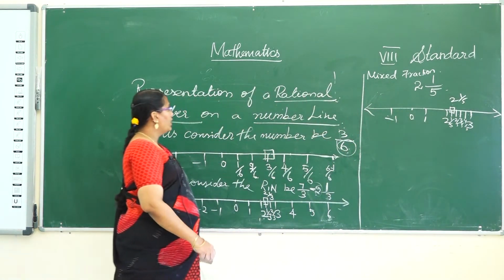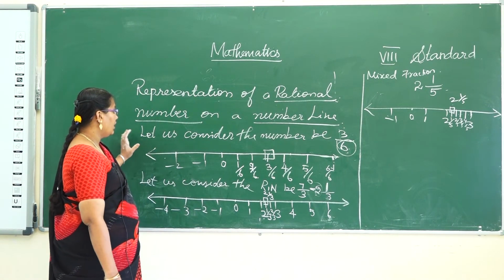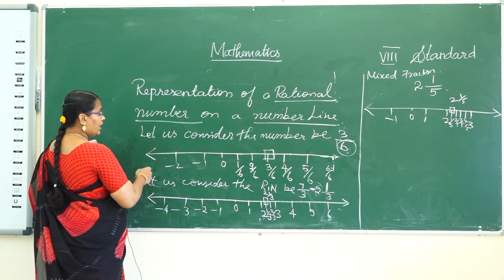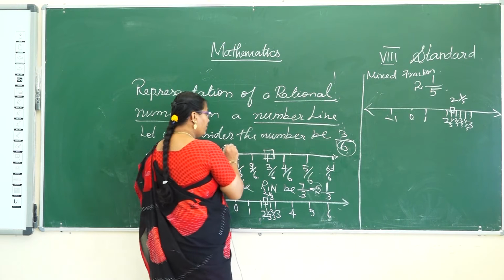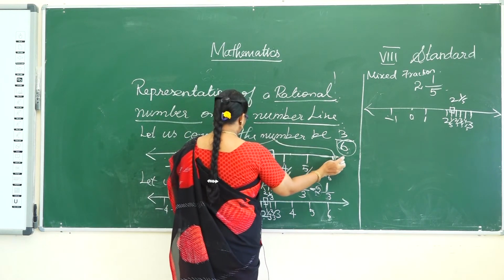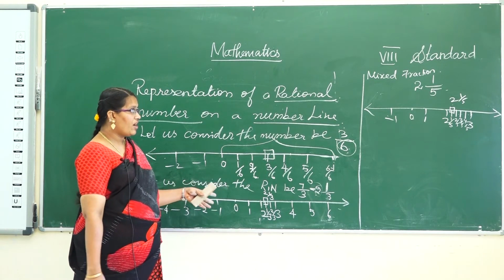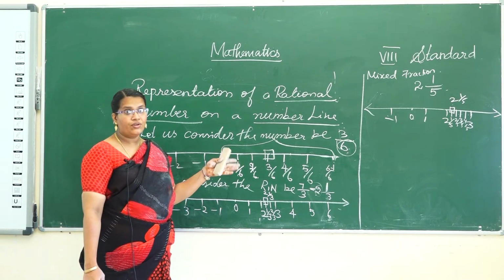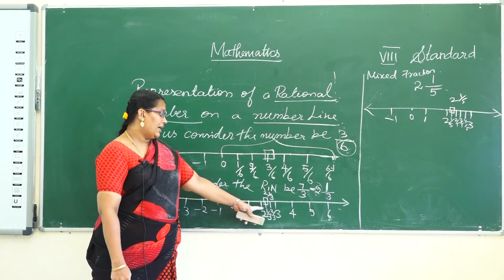I hope you all understand the concept of representation of a rational number on a number line. If a proper fraction is given, it should lie between the interval 0 and 1 only. If an improper fraction is given, you will change it to a mixed fraction, and afterwards draw like this.